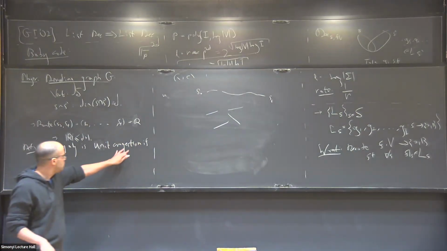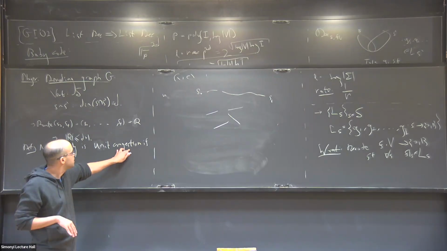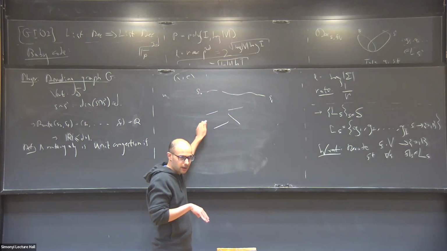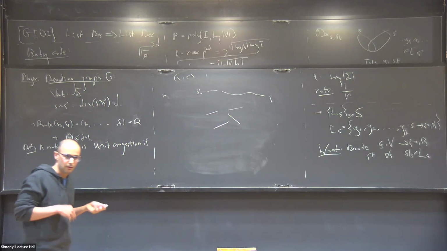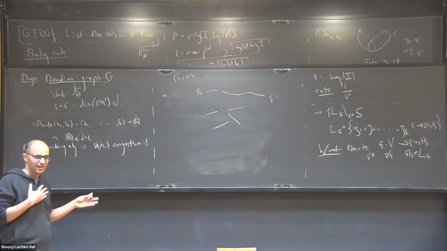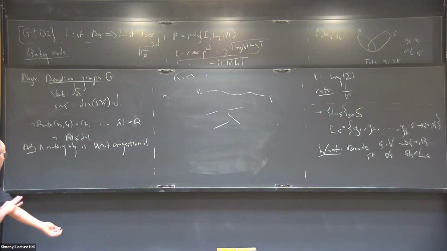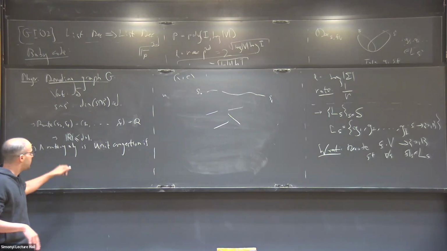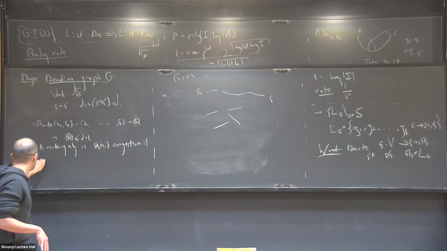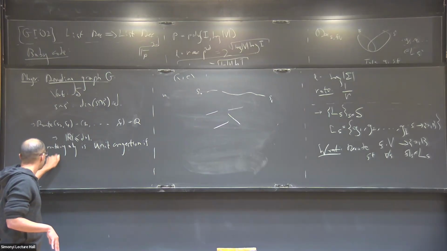So low congestion means that you won't use this edge all that much, so there's not much congestion. And this is congestion 1. That is the terminology. In any case, this is unit congestion if the following distribution is the lowest possible.